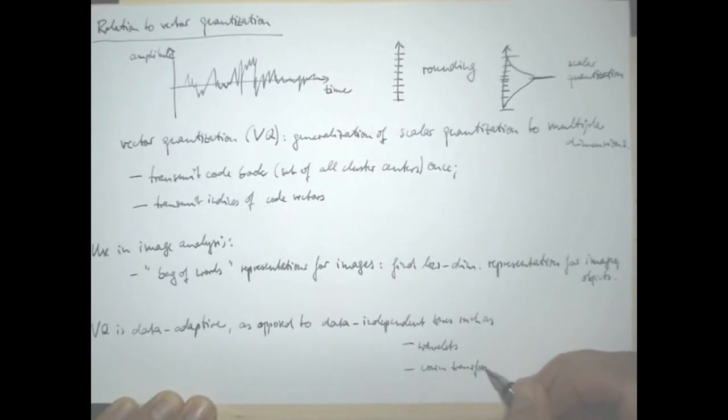So in image compression, if you use a JPEG image, it could use vector quantization, but it doesn't. So there you use a fixed set of basis functions, cosine functions, and then you use the discrete cosine transform to express your image in a lossy fashion. Having said that, even in JPEG, there's a quantization step after you compute the discrete cosine transform.